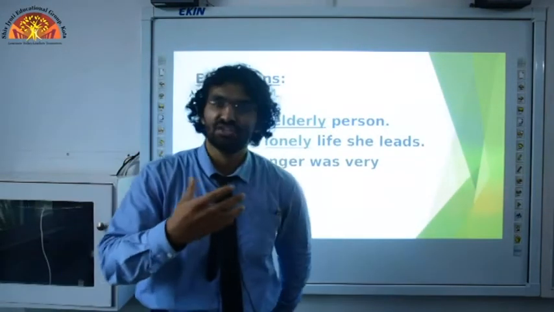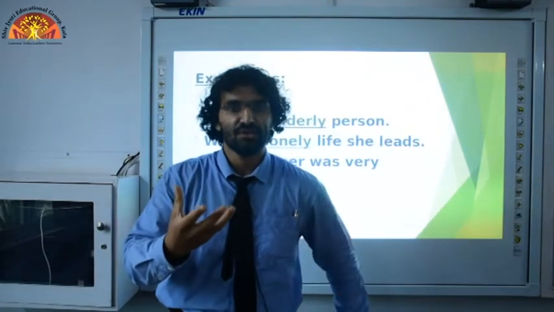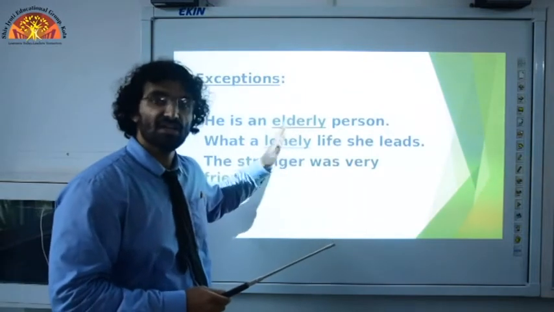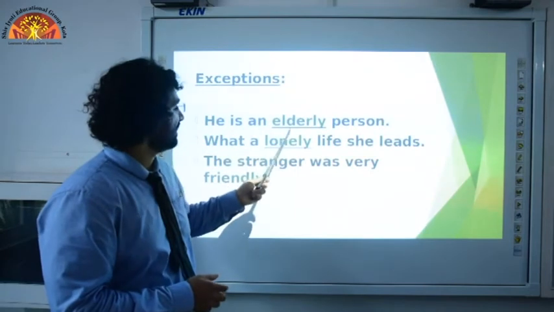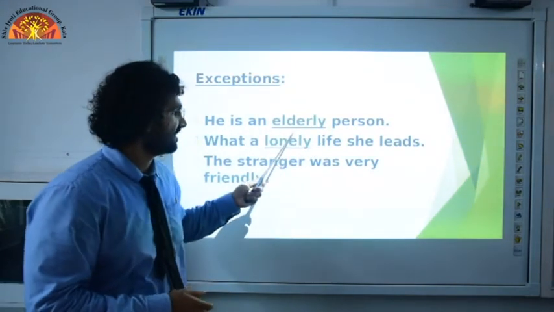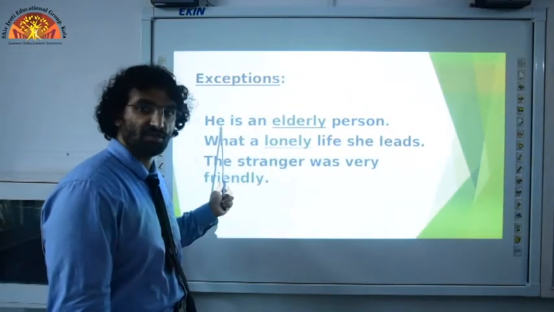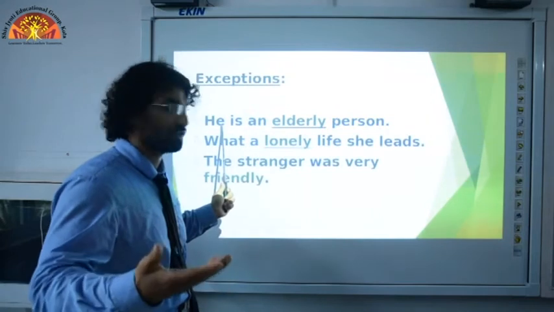But generally, if you want to recognize, the best way to find out is: an adjective is always used to describe a noun or pronoun. He is an elderly person. This word elderly has been used to describe he, which is a pronoun.